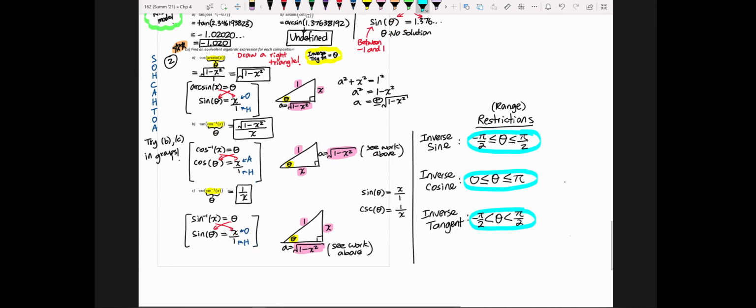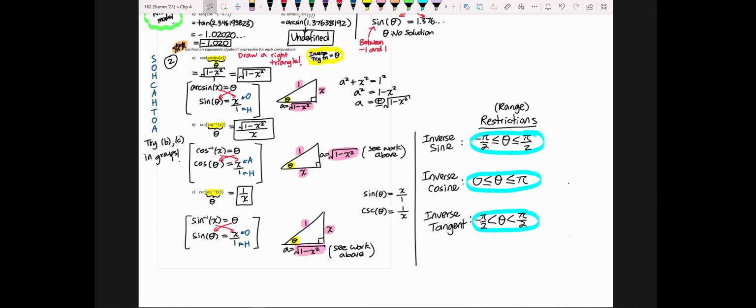Okay, so wrapping up 4.1, we learned about the inverse trig functions. Each of them has restrictions. To find the inverse trig function, you find the angle that satisfies the equation after we switch inputs and outputs, and that is also in the restriction.